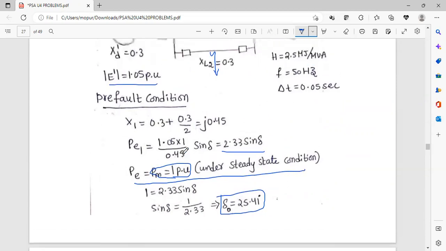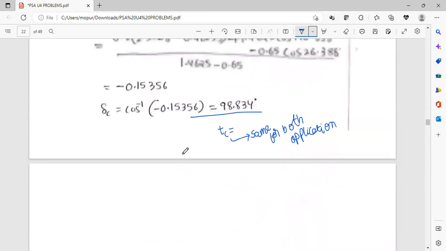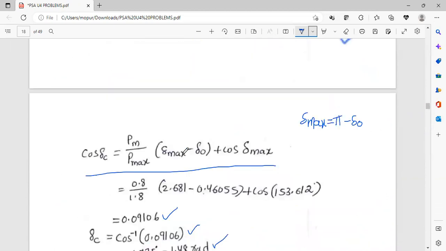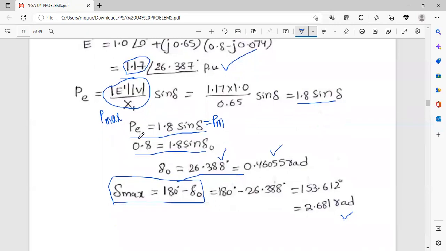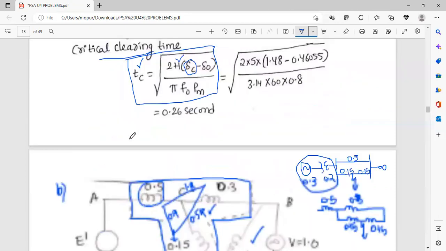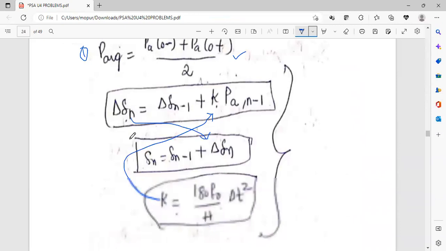Even in the equal area criteria problem we had solved, you can see 0.8 per unit. So a very important thing is, when we are finding del naught, which is sine inverse of PM by PE1 max, the PM should be in per unit.